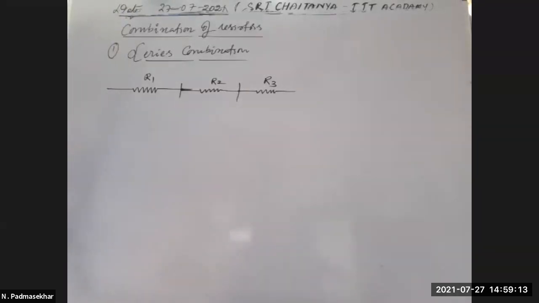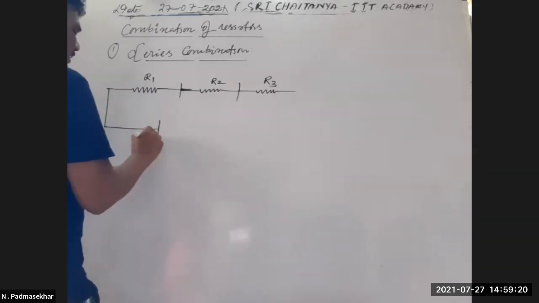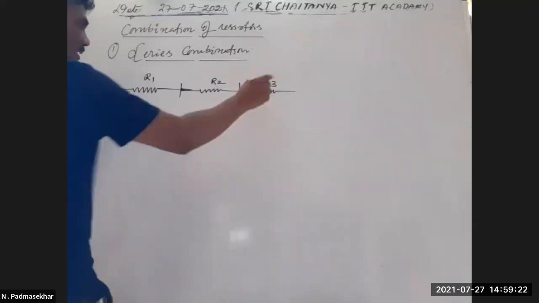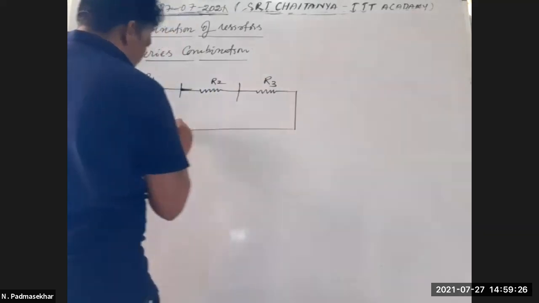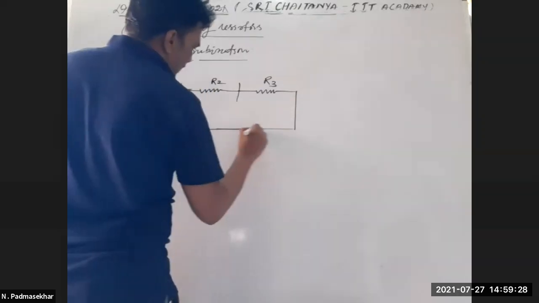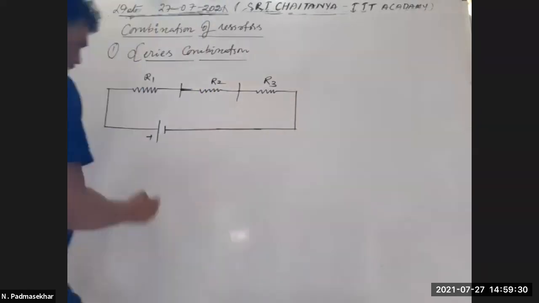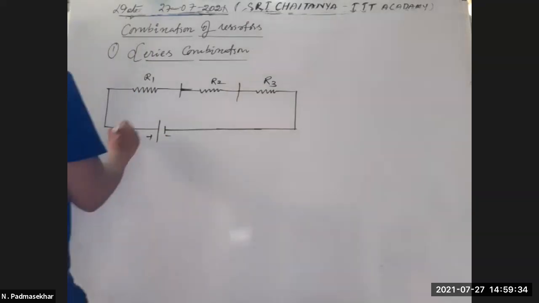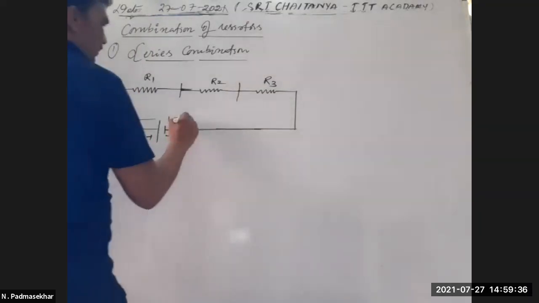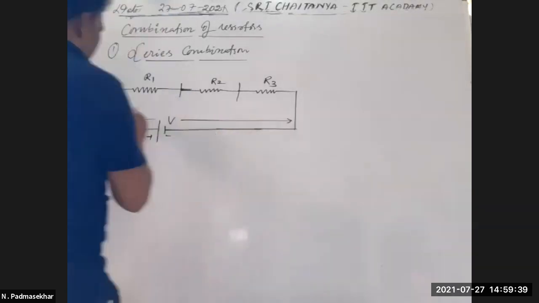This end is connected to the positive terminal, and the second end of the last resistor is connected to the negative terminal. This combination is called the series combination. And this is the potential difference V.